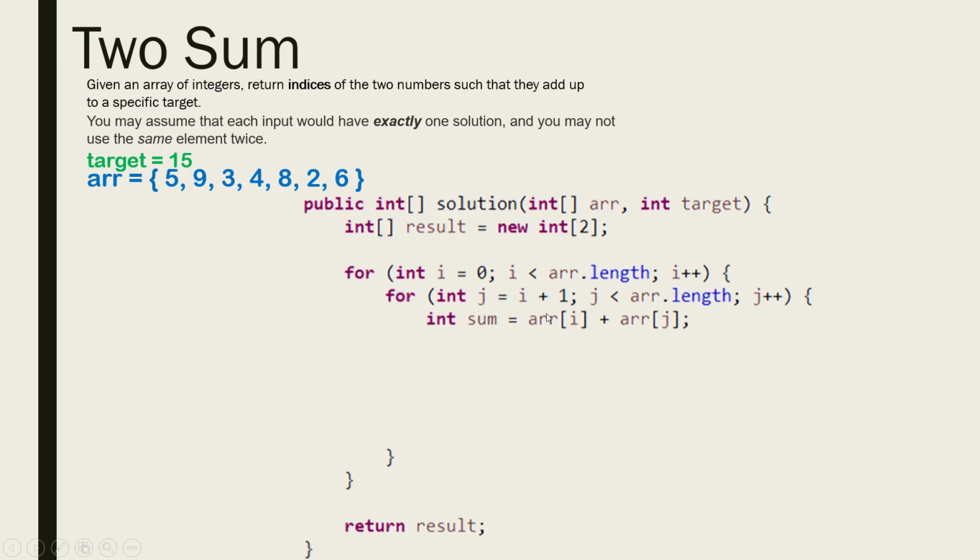Now, we would add up the values of array[i] and array[j] to get the sum, and then compare it with our target. If sum is equal to the target, then we can set index 0 to i and index 1 to j, and return that as our result.